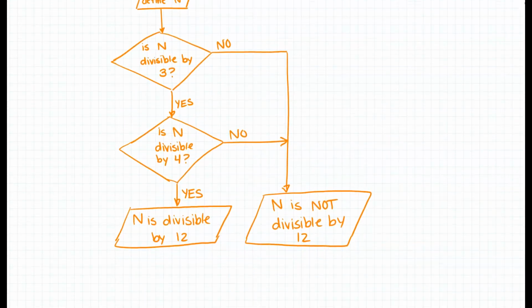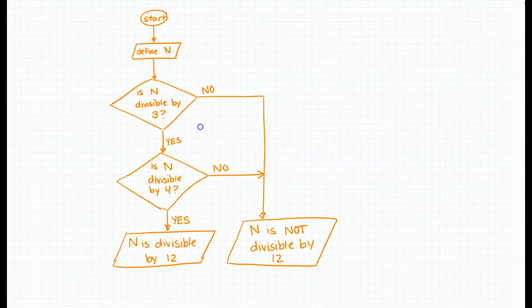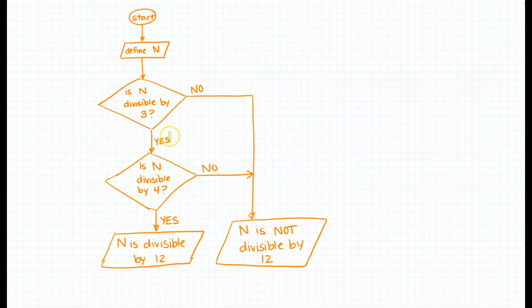So if both of these things are true, so we have a yes and a yes, then n is divisible by 12. If either of them is not true, no or no, then n is not divisible by 12.